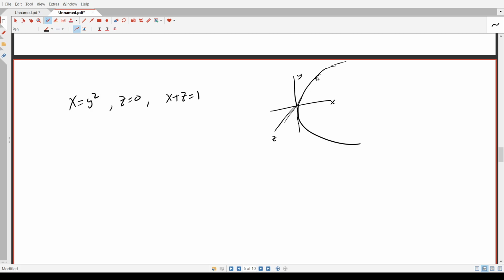Okay, so this is just going to be kind of like, this is so hard to draw on a flat screen. It's going to kind of be like this. Let's see, so hold on. At x equals -1, z is 1, so that's up here.